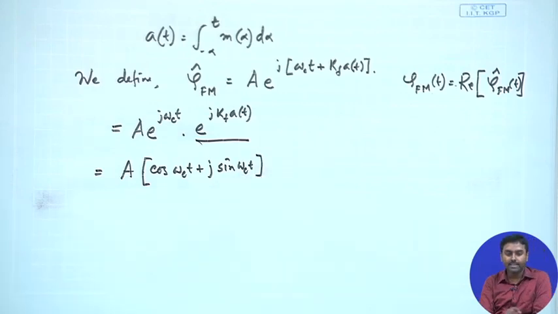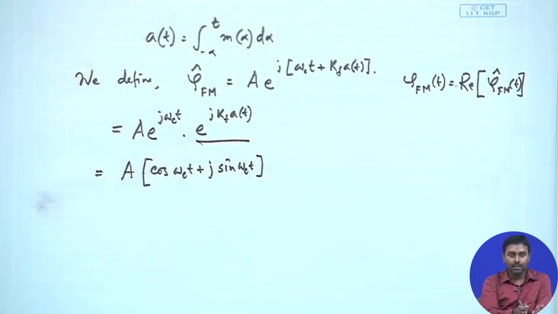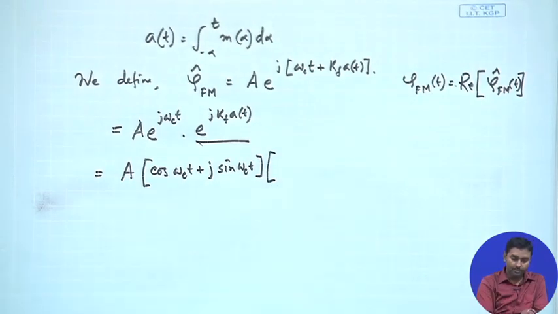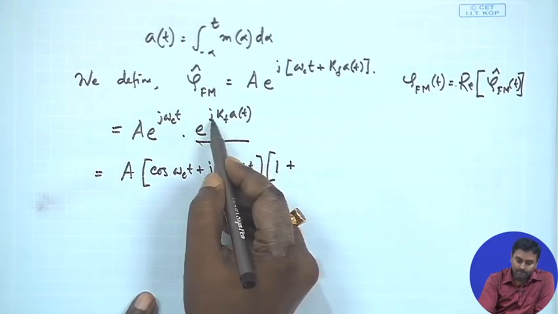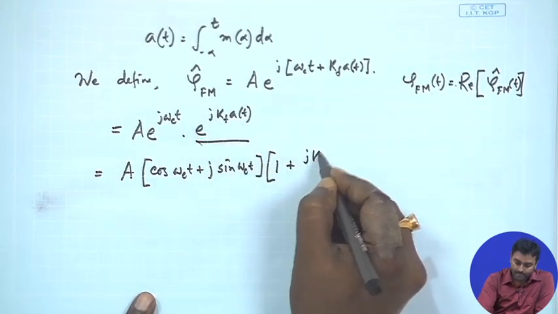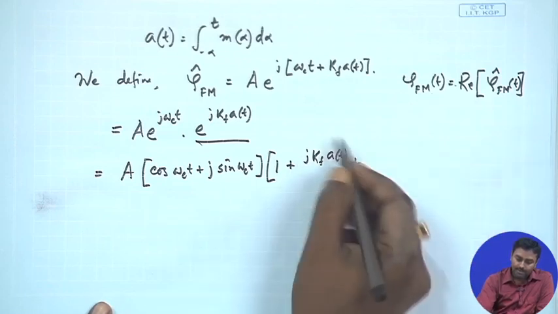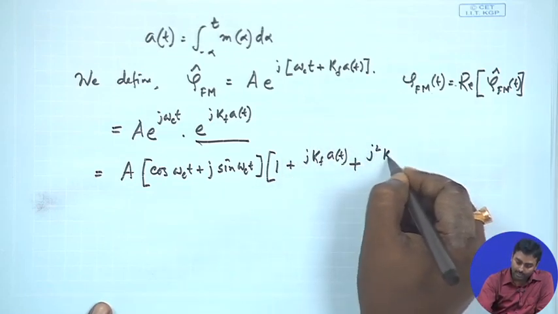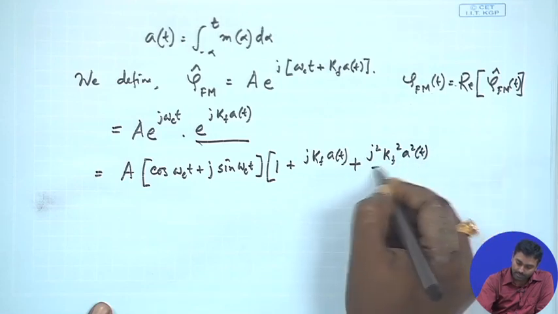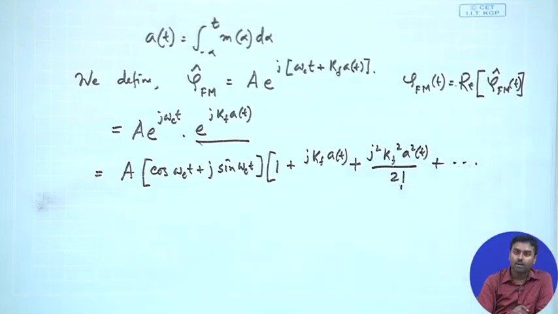I am just representing both of them in two different forms: one with Euler's formula, and the other with the exponential series. So, the first term should be 1, the next term should be j Kf a(t) divided by factorial 1, which is 1, then plus j square Kf square a square(t) divided by factorial 2, and so on, all the higher terms up to infinity.